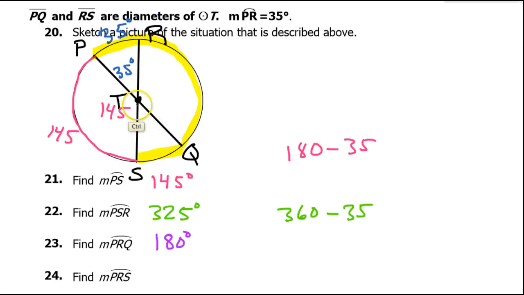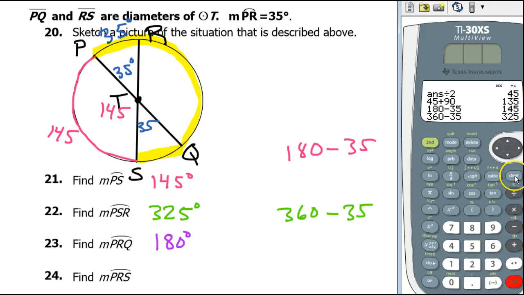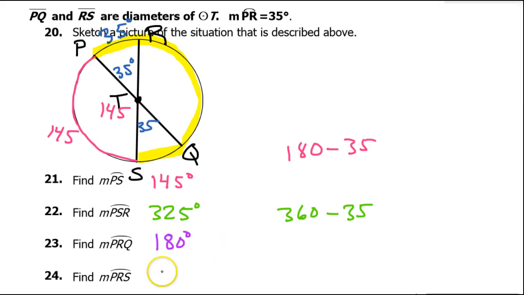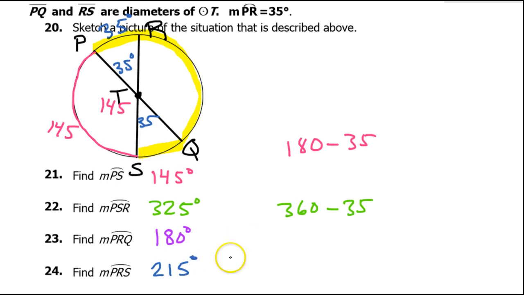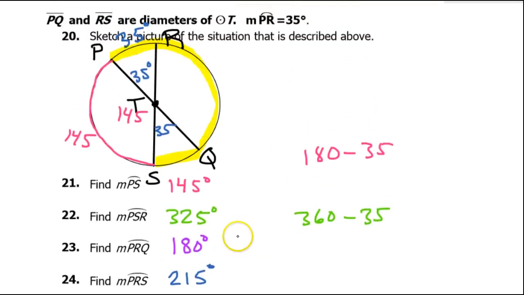These are vertical angles. So if this is 35, that means this is 35 as well. So if I go 180 plus the extra 35, that's 215.